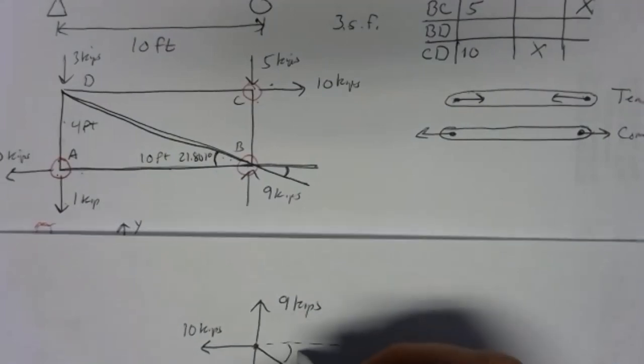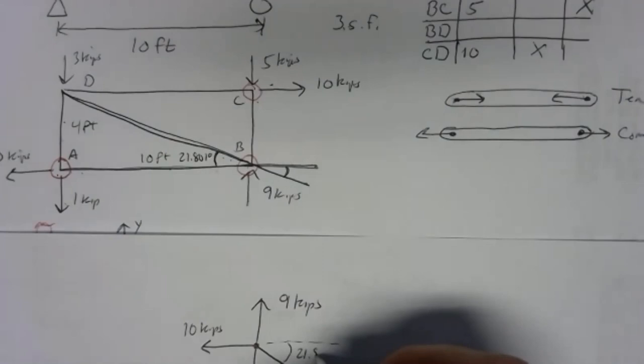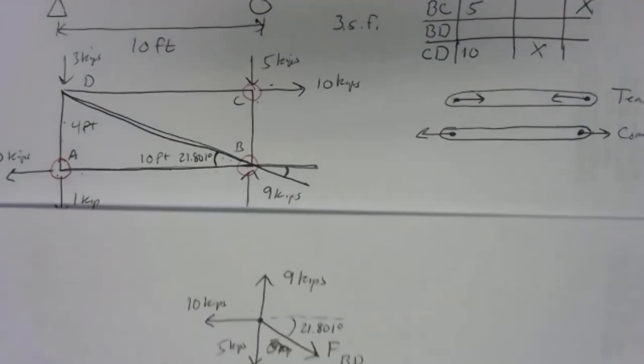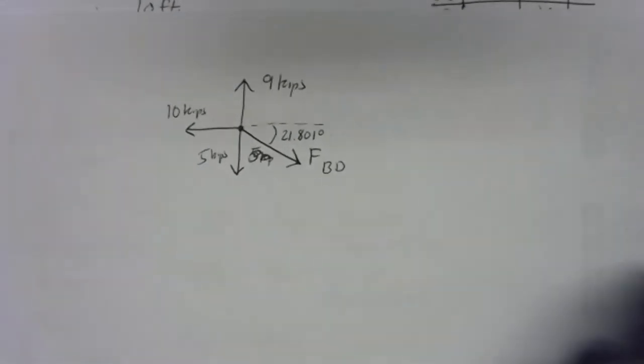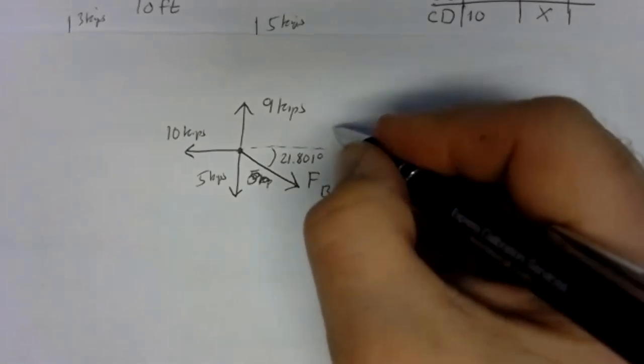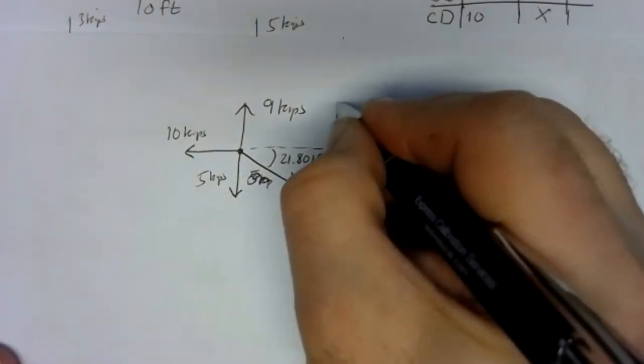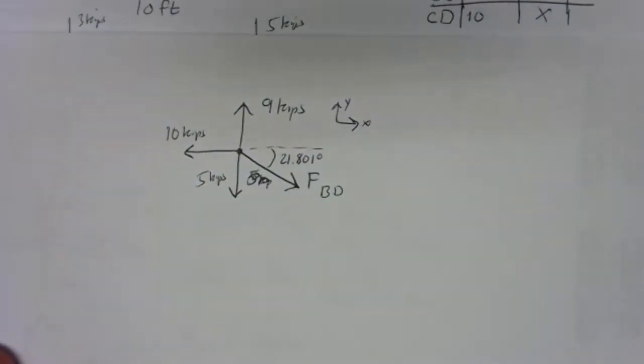And that'll be the same angle here, 21.801 degrees. So there we've got our free body diagram for joint B. Coordinate system. And there we go.